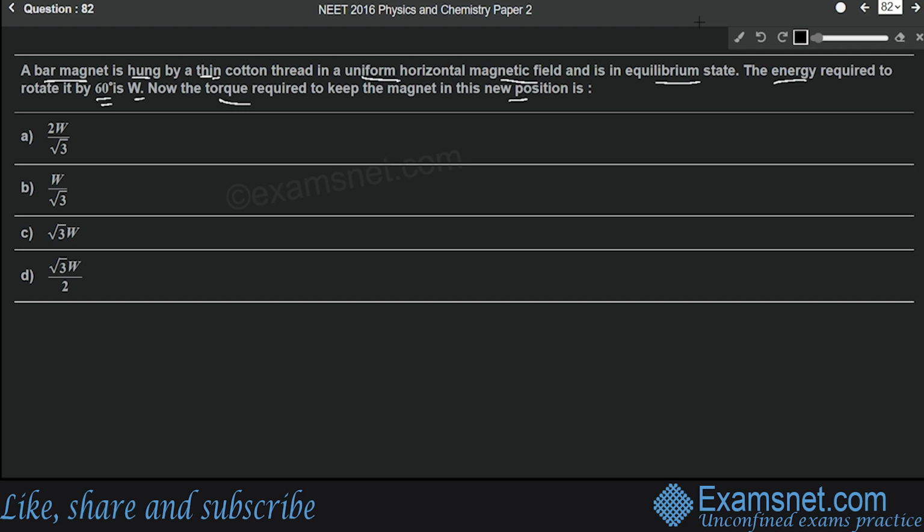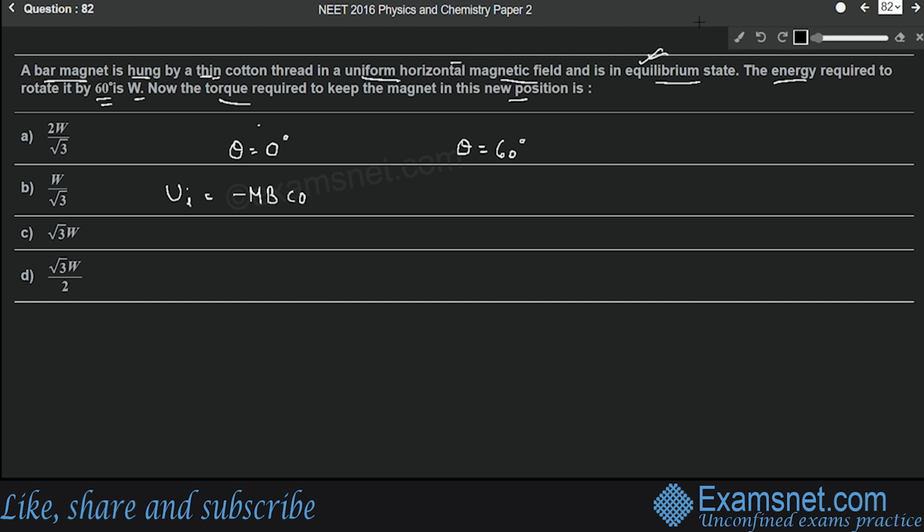So we have a bar magnet that was initially in equilibrium state in the uniform horizontal magnetic field. That means the angle theta was equal to 0 degree, okay, initially. But after that it is rotated by 60 degree. That means theta becomes 60 degree. Now initially when the angle was 0 degree, what was the potential energy? That is, initial potential energy was minus mB cos theta, right? This is the formula.